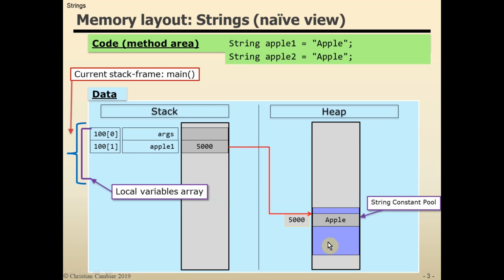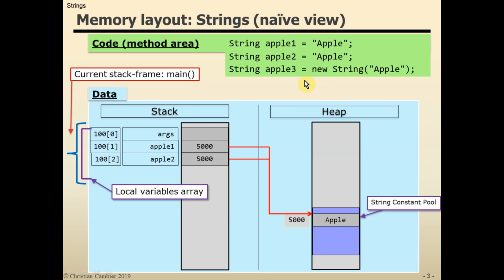This time, however, a string object will be found, and so a reference to this object is returned to apple2. This results in both apple1 and apple2 to refer to the same object. So we see that the JVM optimizes the amount of memory allocated for string literals. For each literal string in the pool, only one copy is stored.